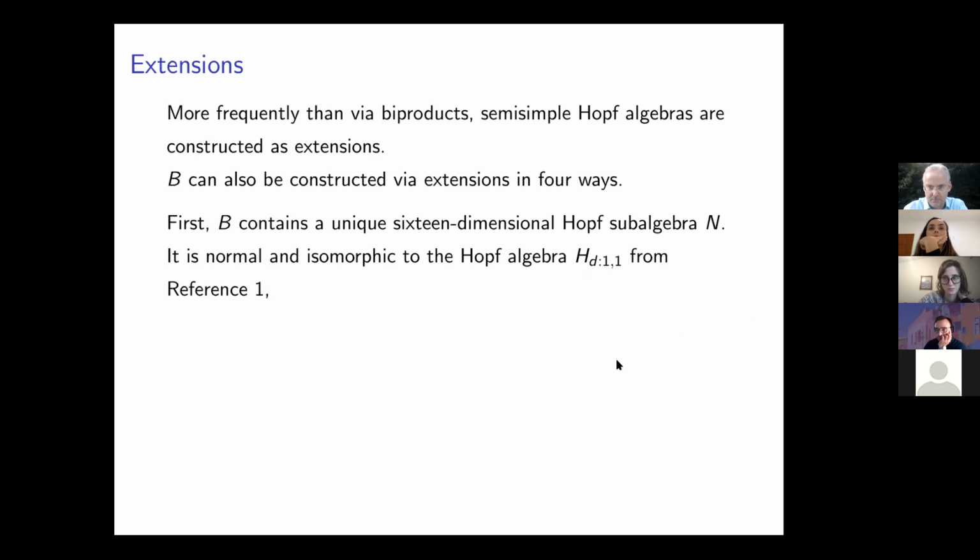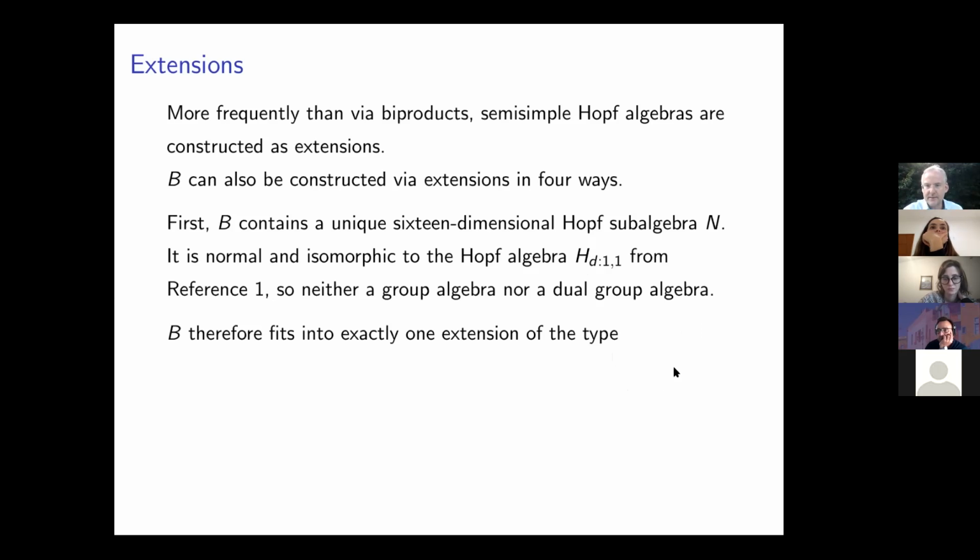So this means in particular, this is neither a group algebra nor a dual group algebra. But because this is normal, B can be constructed as an extension of the following type: B is in the middle, N is this Hopf algebra, and the quotient is, of course, two-dimensional. So dimension N is 16, and the quotient must be two-dimensional.